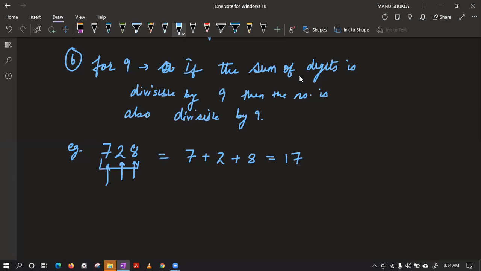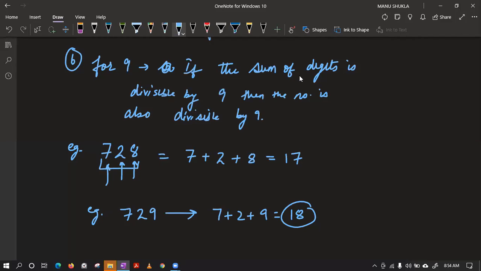In those cases, the number will become divisible by 9. If I change the last digit to 9, the sum will be 18, and we can easily divide this by 9.